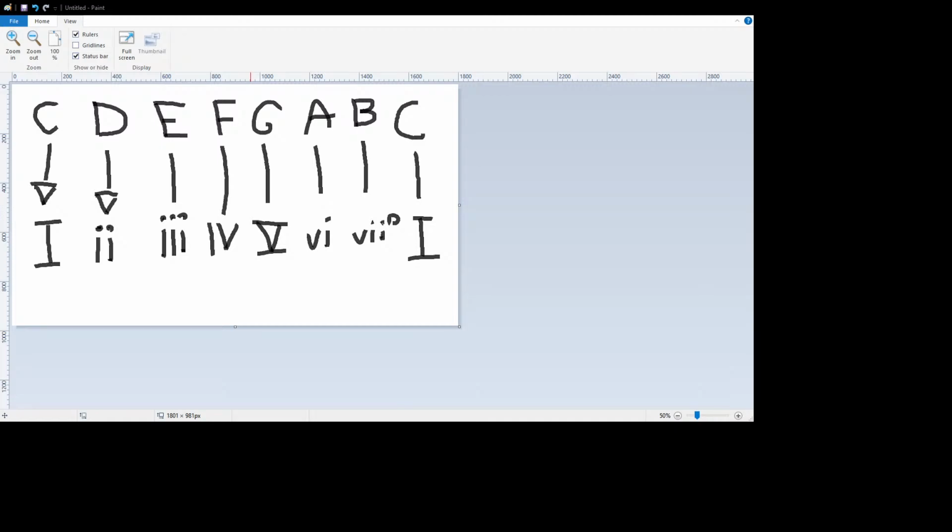Okay, so these are the chords. There's the major first, minor second, minor third, major fourth, major fifth, minor sixth, the diminished, and then again back to the major first.